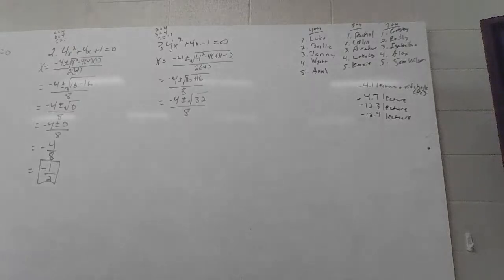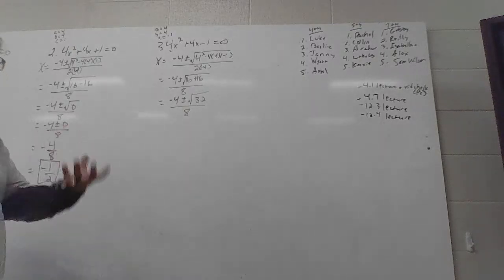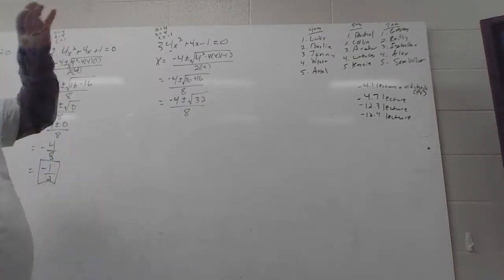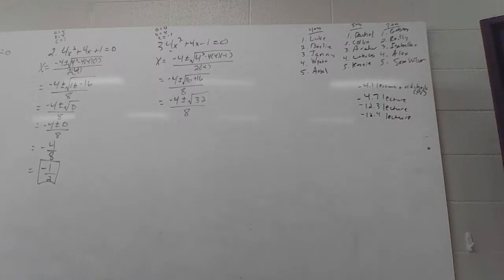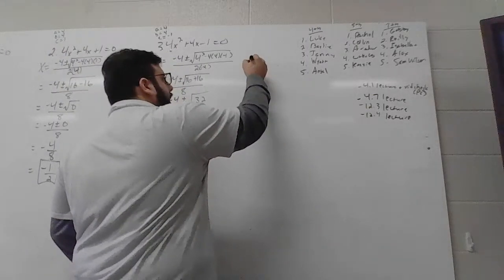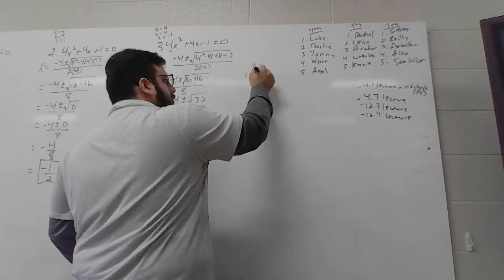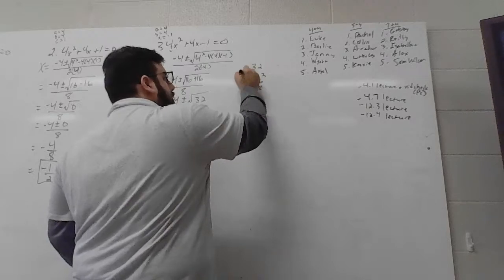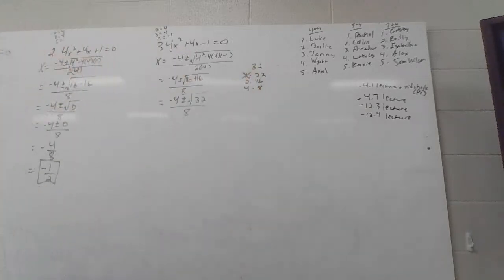Just like when we talked about completing the square, when we're taking square roots to solve equations, we have to simplify our square roots, meaning we need to see if the number inside the square root has a factor that's a perfect square. If I look at the factors of 32, 1 and 32, 2 and 16, 4 and 8, we're not going to use 1, so we look at the other factors.